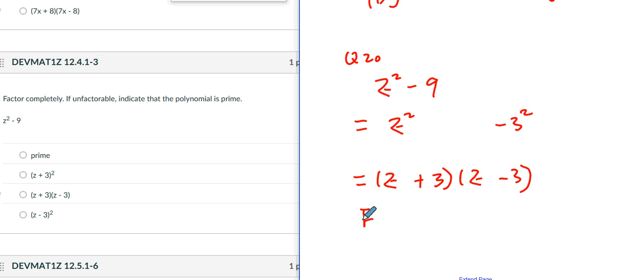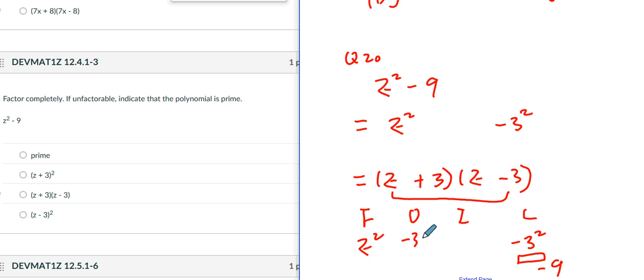Again, if you do FOIL method, you have z times z is z squared. 3 positive, 3 negative times each other is negative 9. And the 2 terms in the middle, outer negative 3z, inner positive 3z, they will be cancelled.